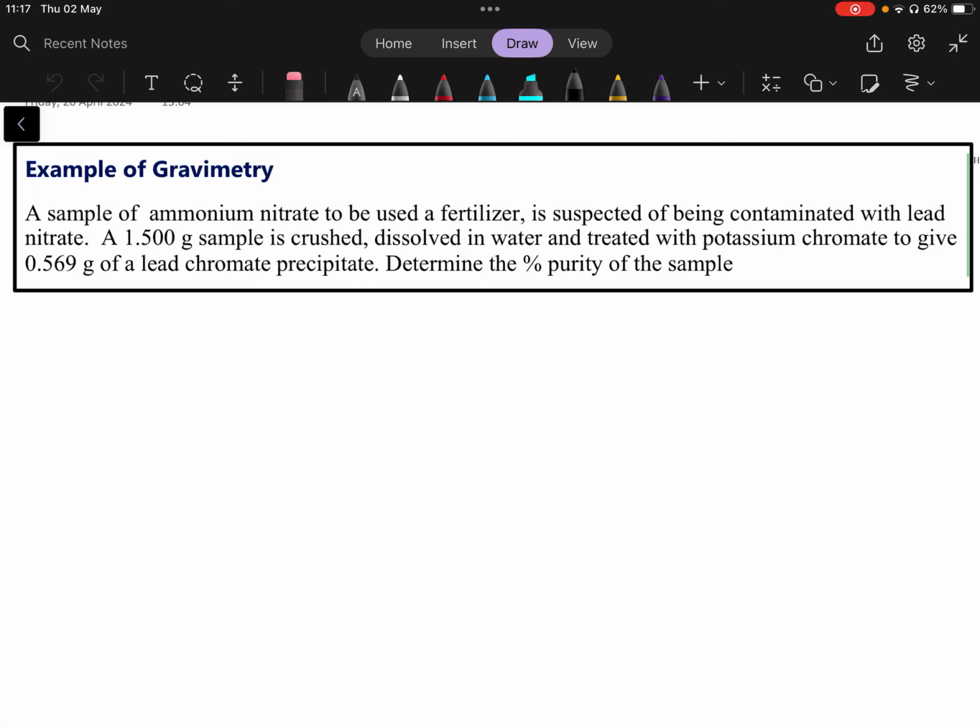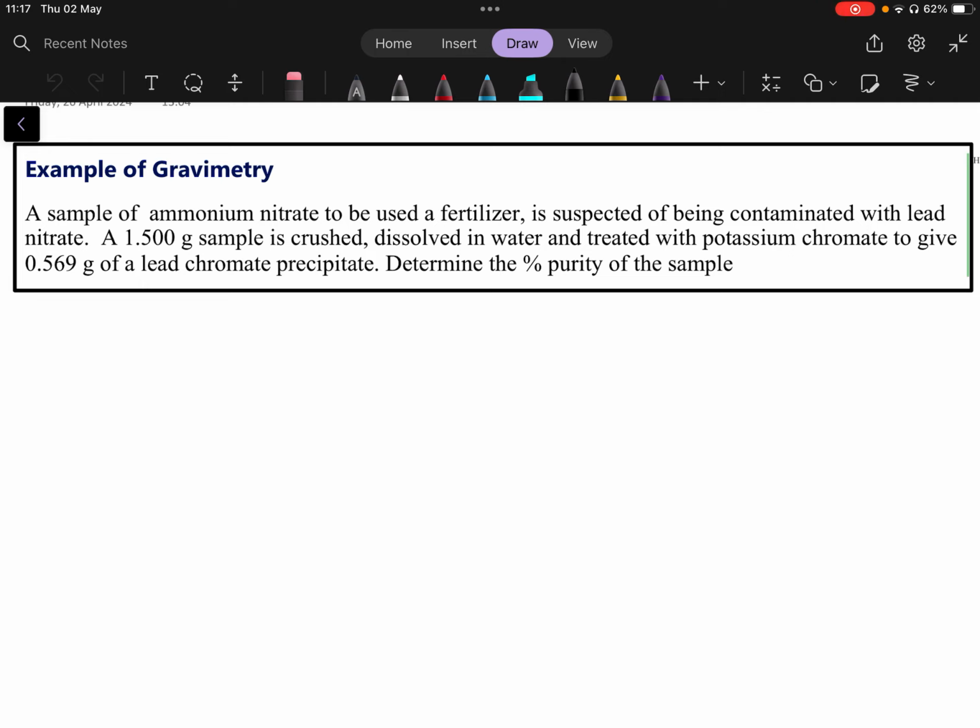Right, so let's look at how we can use titrations in a certain manner to determine percentage purities of samples, or maybe determine the percentage of a certain species. So, for example, a certain amount of iron in an ore, or in the example that we will be looking at, we have a substance that we know has been contaminated with lead, or at least suspected.